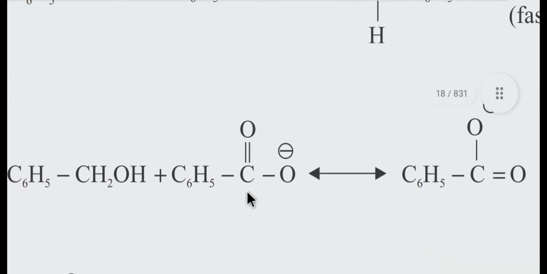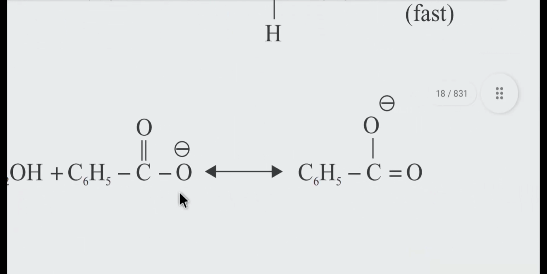So it will be produced like this. Sometimes this negative charge will be on this oxygen, and when a double bond is produced here, the bond will shift toward oxygen because carbon has completed its valency, so it gets a negative charge and this will be resonance stabilized.